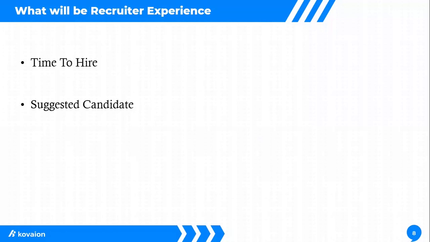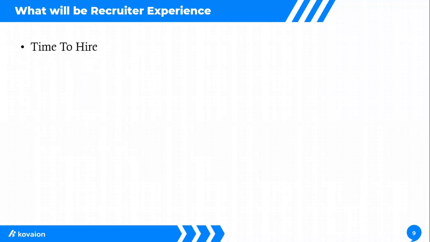Also, we will get some suggestions on candidates for a particular job when it is applied. And while posting, we would have a job description posting AI assist, which would automatically assist with the posting descriptions.